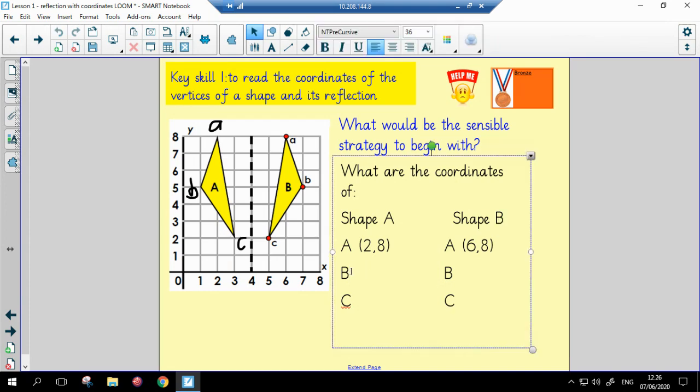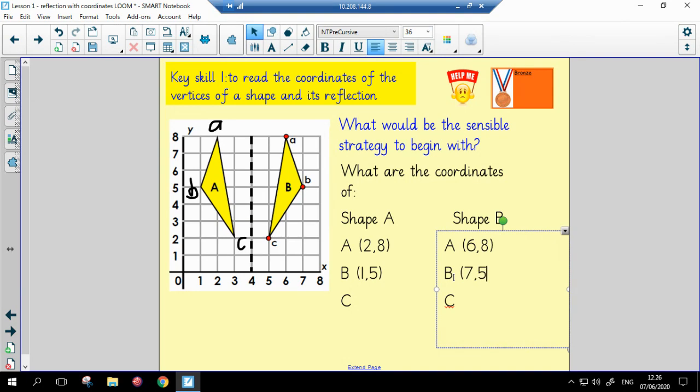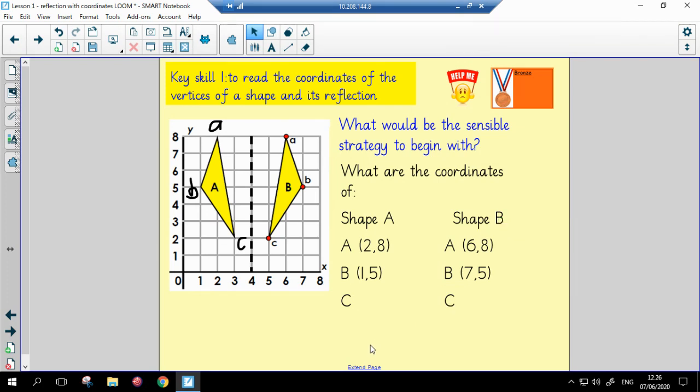Again, let's have a look at shape A, and point B is at 1, 5. And for shape B, the coordinate is 7, 5. I'll let you have a go at the coordinates for C on both shapes, and then when you're ready, move on.